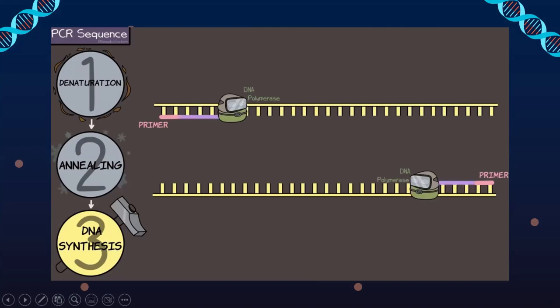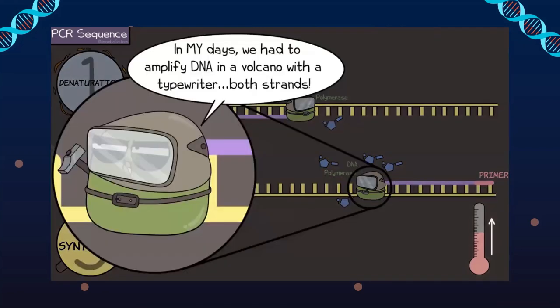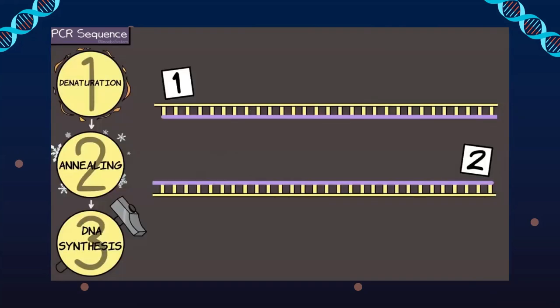To do so, DNA polymerase will begin to work on both of these strands, and it will use the DNA nucleotides as its building material to amplify the DNA. We should note that the temperature at this step may be a little warmer than the previous one, kasi nga, cooling lang po yung nangyayari during the annealing. It needs to be a temperature that is ideal for the specific DNA polymerase being used.